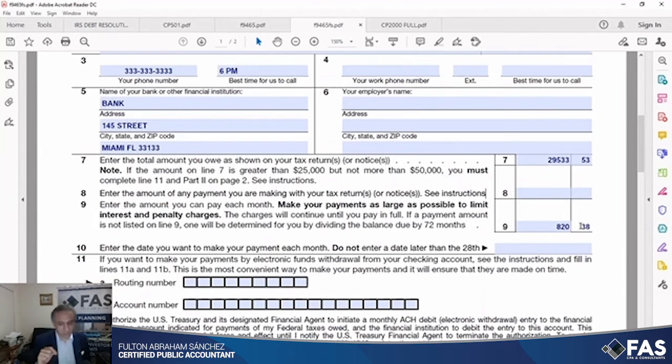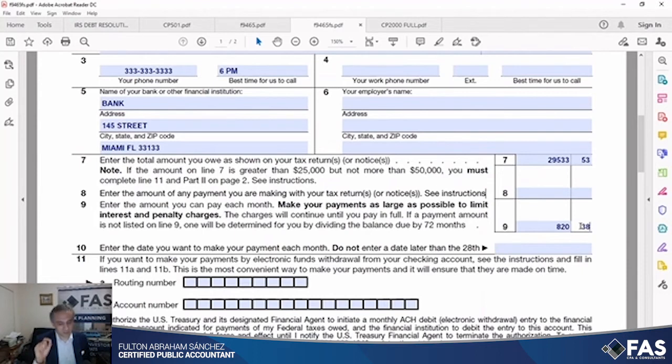To apply for an offer in compromise, you need to fill in a large form with the proof that you don't have enough income to pay this. But the IRS will need proof and will send you letters and request more information.